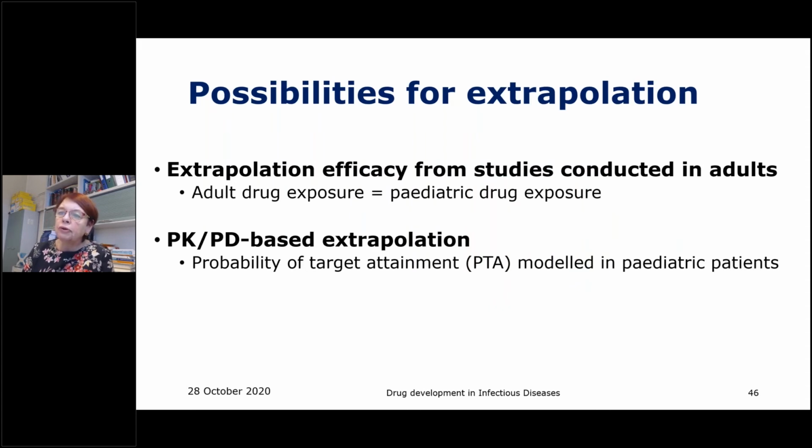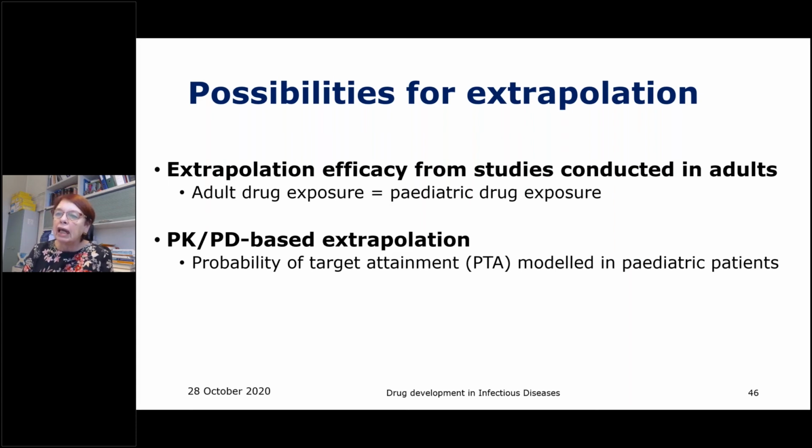So how can we extrapolate? There are two main ways in this extrapolation approach. One is extrapolating efficacy from studies in adults, provided we are targeting pediatric exposure similar to drug exposure in adults.